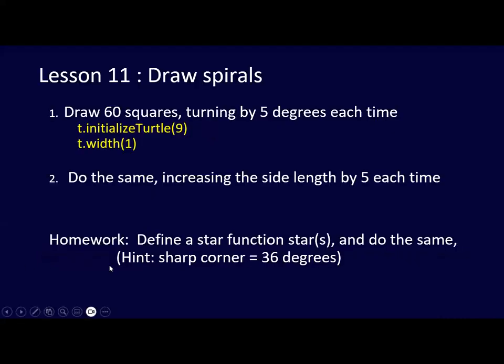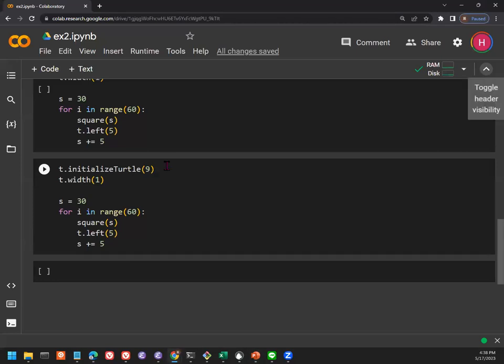Last time we tried to draw a spiral by using, for example, squares. Let's check the code and see if we can remember that. Go to EX2.